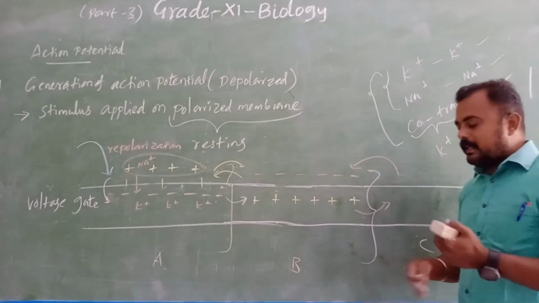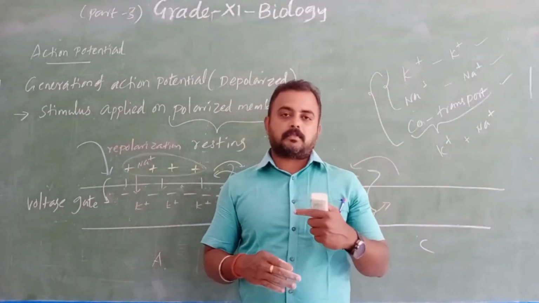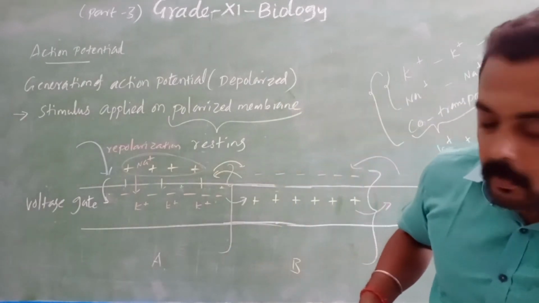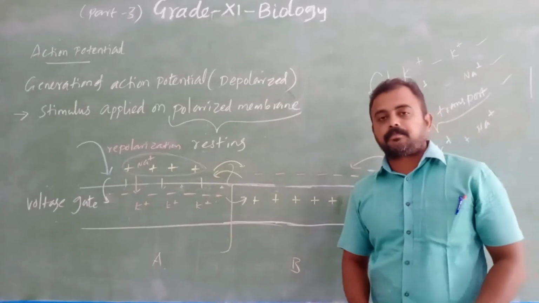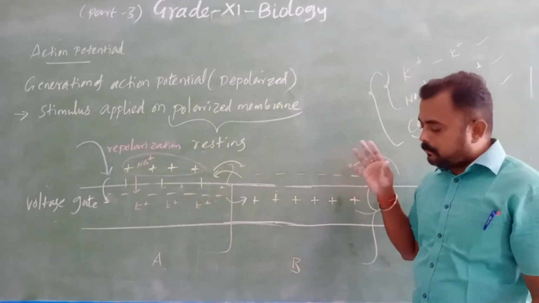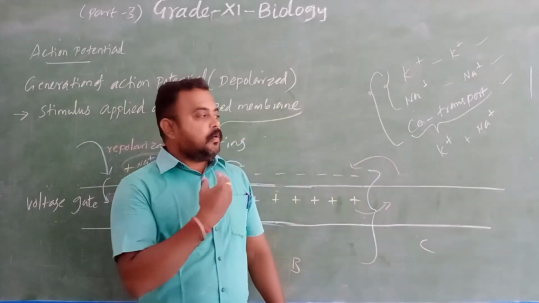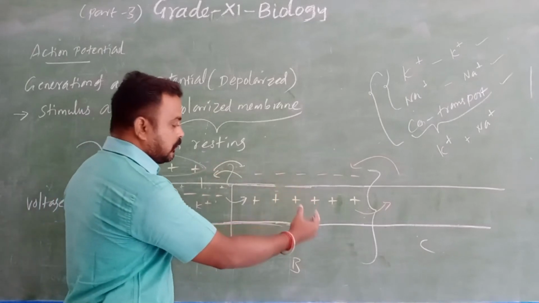So like that: polarization, depolarization, repolarization. So the three stages are very, very important in the action potential. Only then is the message, the information, carried from one region of the neuron to another region.